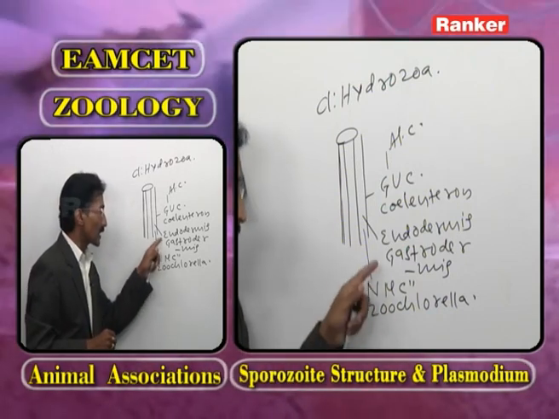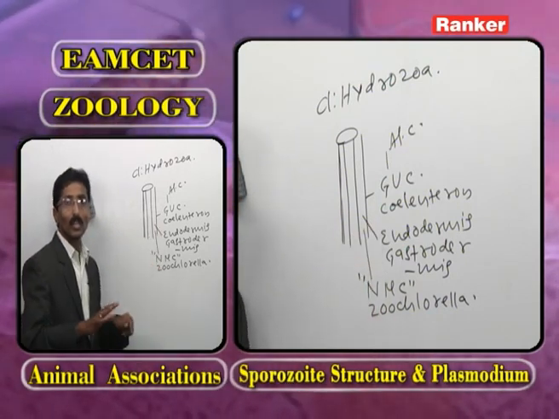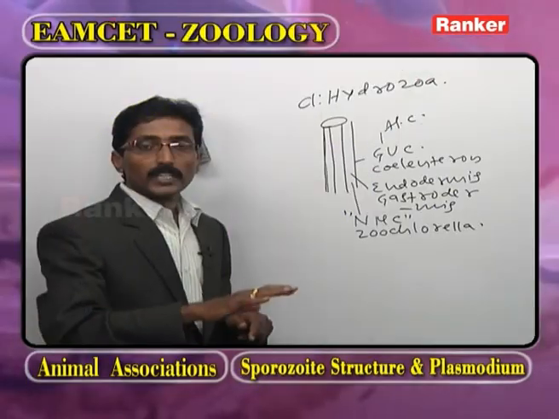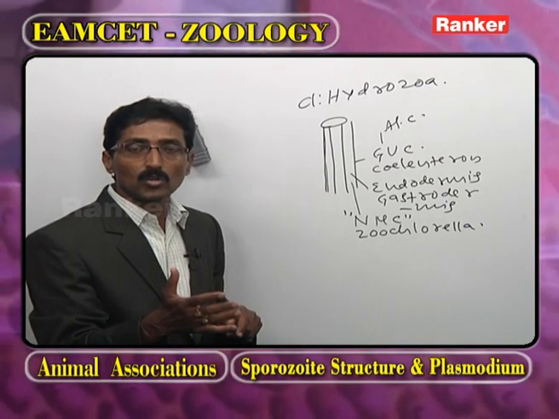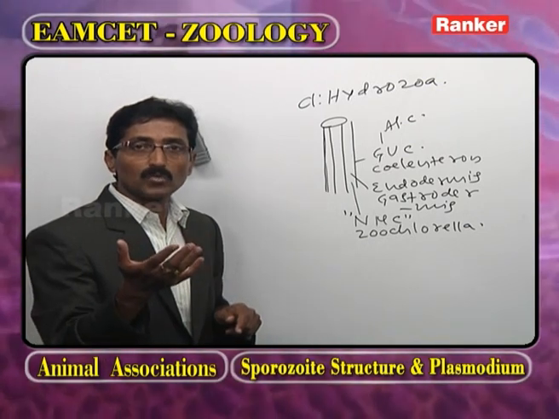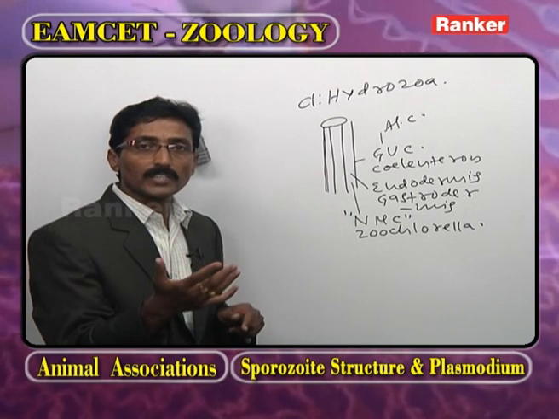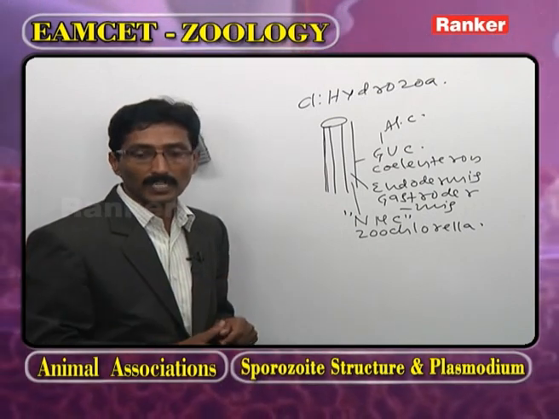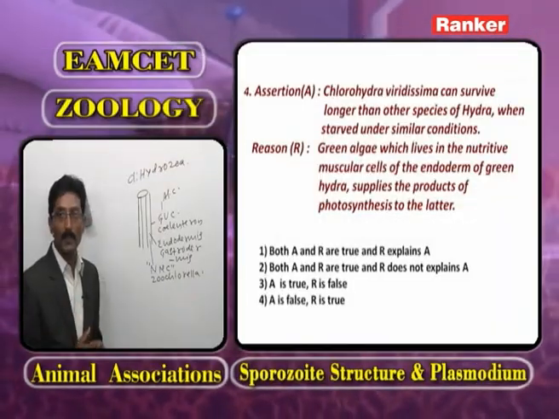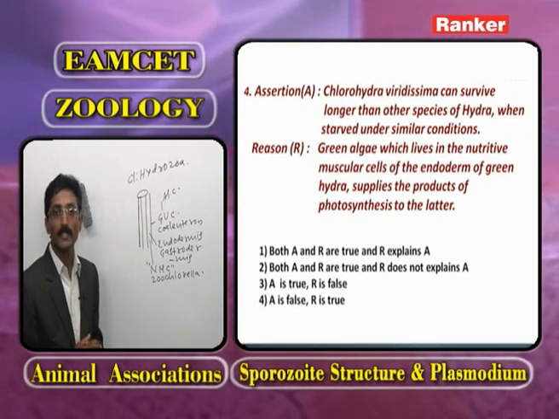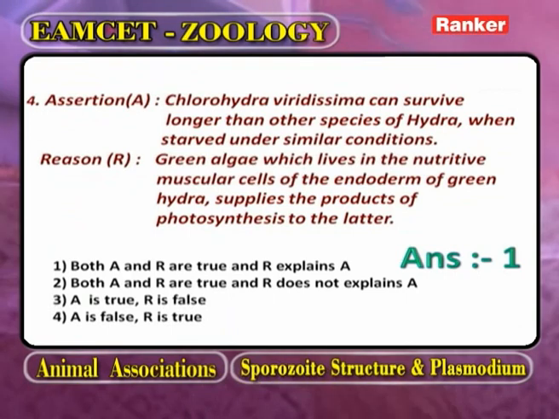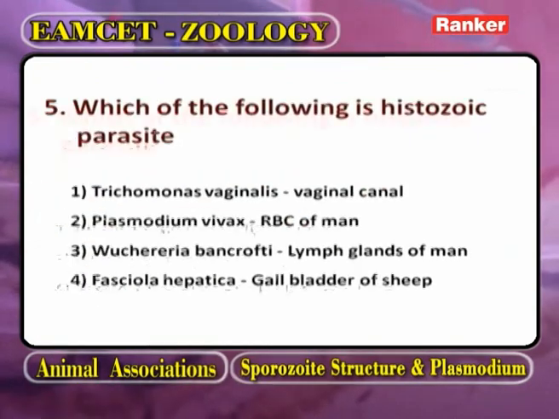Those food materials are supplied to the chlorohydra. So even in starvation, the species that survives in the class Hydrozoa is Chlorohydra viridissima. Here, both the assertion and reason are correct, and the reason explains A. Now we go for the next question.